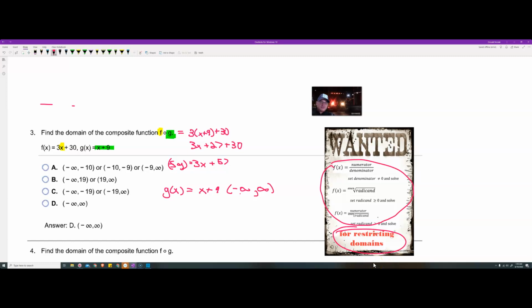If you then do step 2, which is the domain of f of g, well, f of g is the same thing. I don't have any denominators. I don't have a radical with variables under it. So this is all real numbers. There's no restrictions on the composite of those two functions.